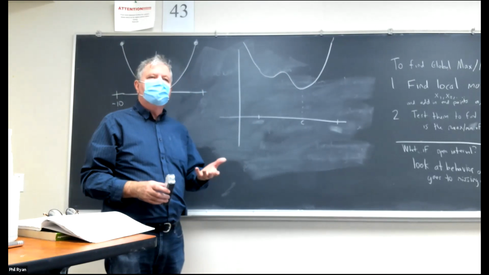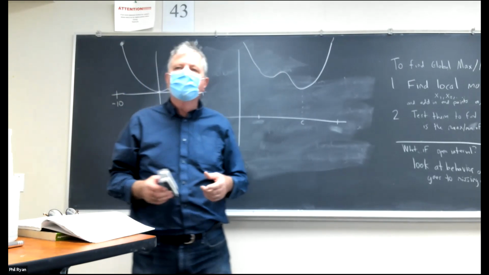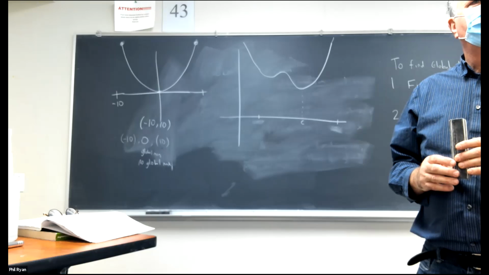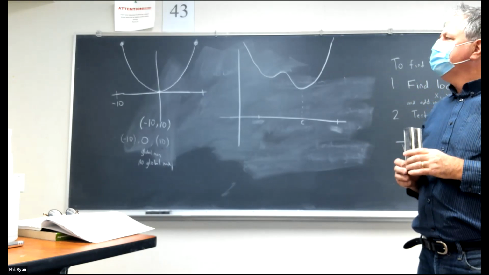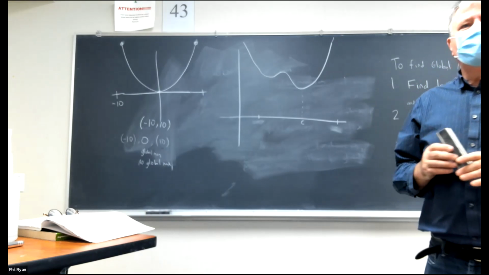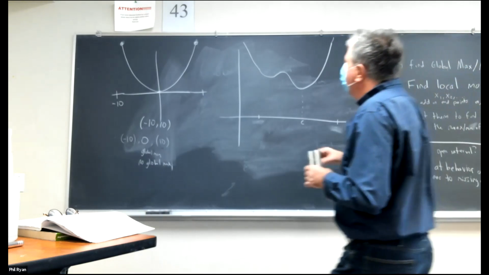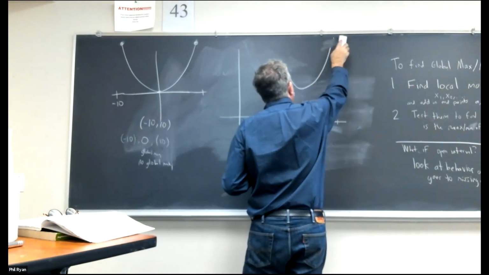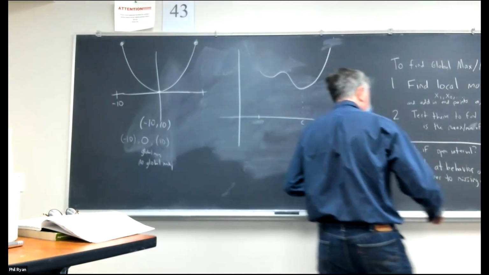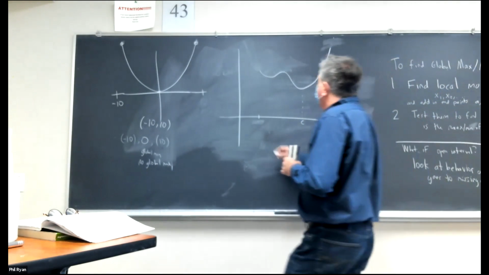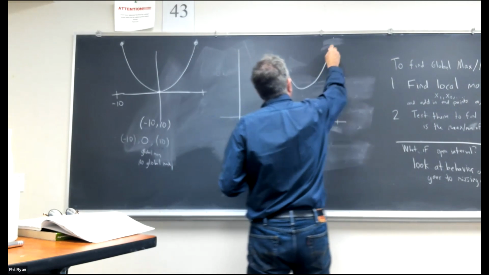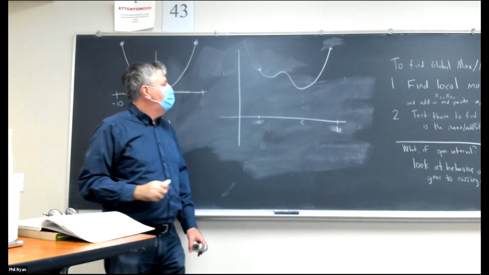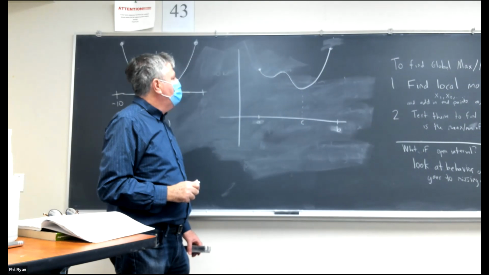Typically, though, I'm going to give you a formula. So you said the endpoints can't be local maximums, but they can be global? No, they can be, because if it was just this, let's say, okay, what are the local minimums?